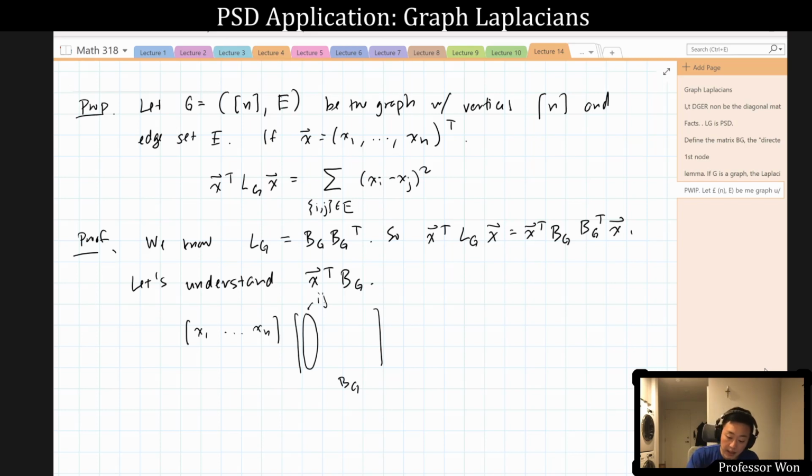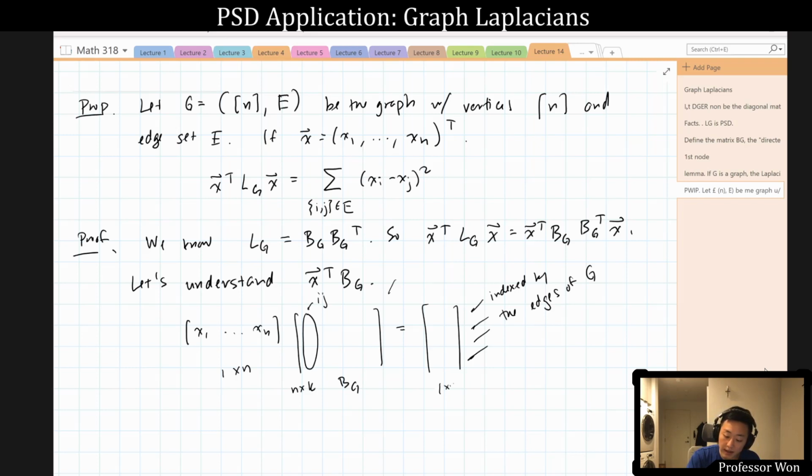Right? So in this product, the columns of BG were indexed by the edges of G. So the entries of this product will be indexed by the edges of G. This one is 1 by n. This one is n by k, where k is the number of edges of your graph, and so this one will be 1 by k.